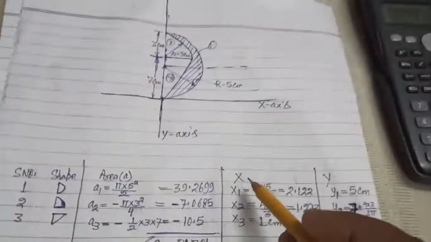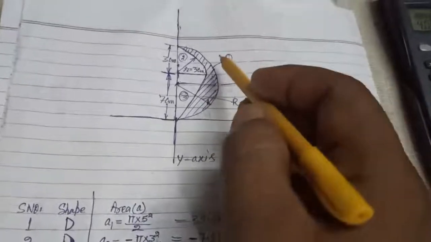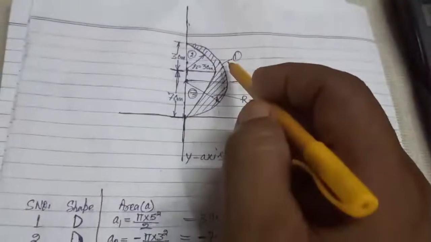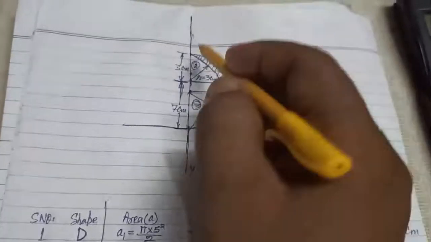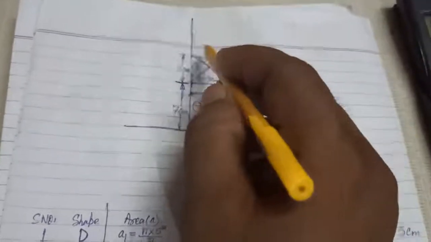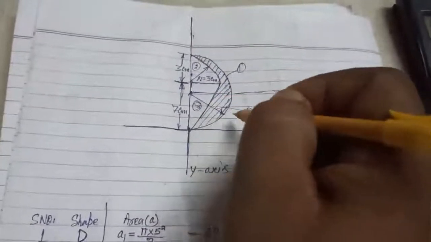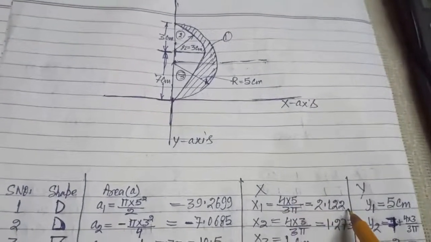Now x is the distance from the y-axis of the individual centroids. So x1 for part 1. The centroid of part 1 is at a distance of 4r by 3 pi from this y line. R is 5, so 4r by 3 pi is 2.122.